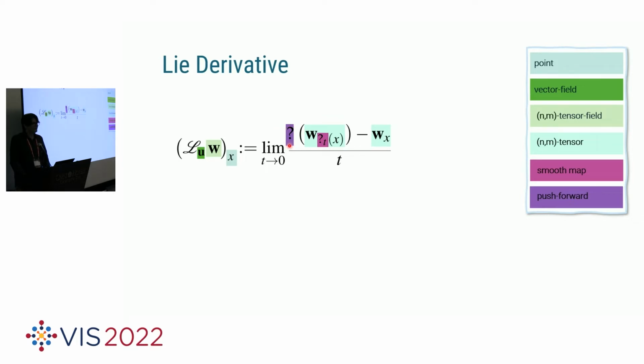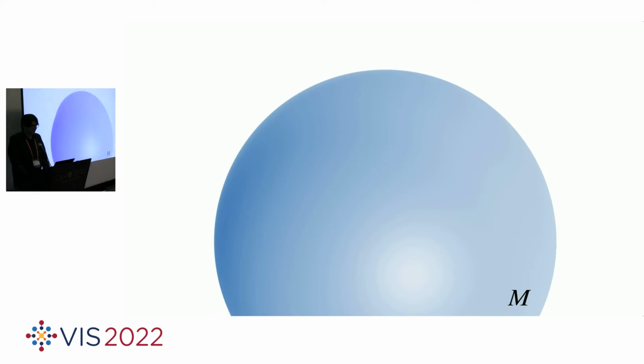Actually, I called this the push forward already, but what we need is not the push forward, but the inverse of the push forward. So we need to get from the other vector space the tensor back, so what we need is the inverse of the push forward. Okay, illustration-wise, this is how it looks.